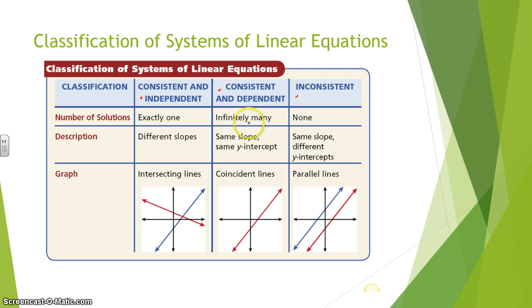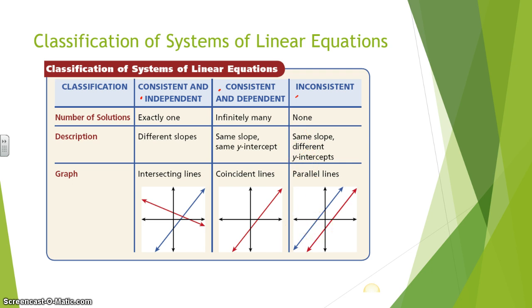If you had two equations and they had the same slope and the same y-intercept, the same exact equation, that's a coincident line with infinitely many solutions, which we call consistent and dependent. And when you have equations that have the same slope but different y-intercepts, that's inconsistent, and that means the lines are parallel.